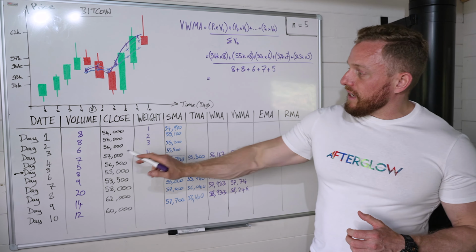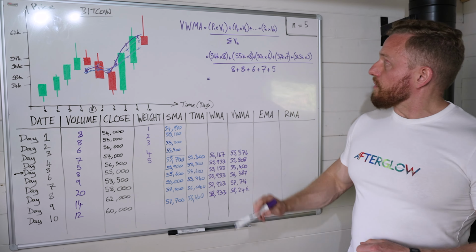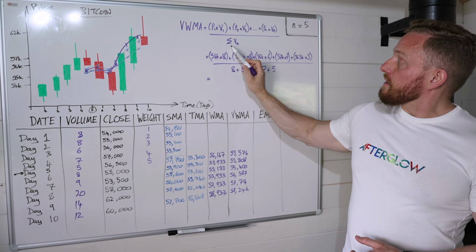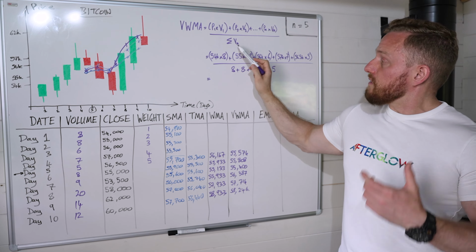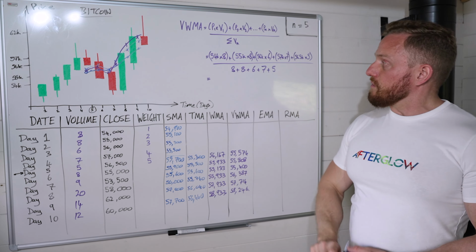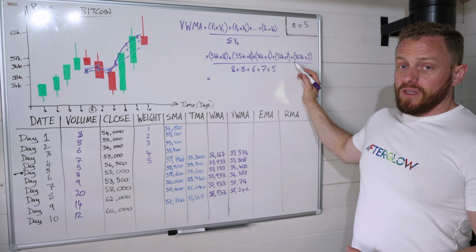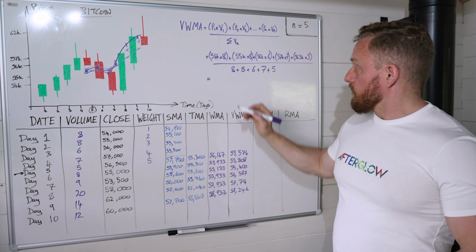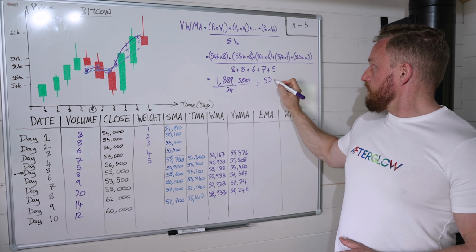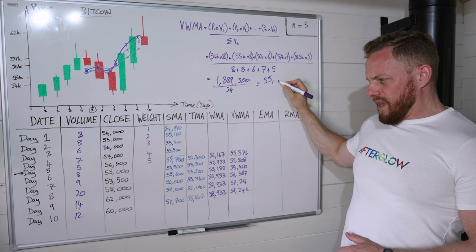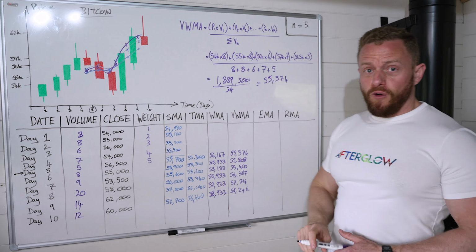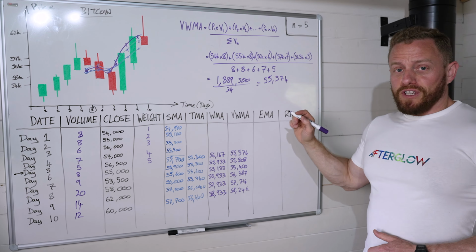So if we plug in the volumes and the closing prices into the formula and divide by the sum or the total of all those volumes, I've already written it out here. And if you work the numbers through, that comes to 55,574 with a rounding error.